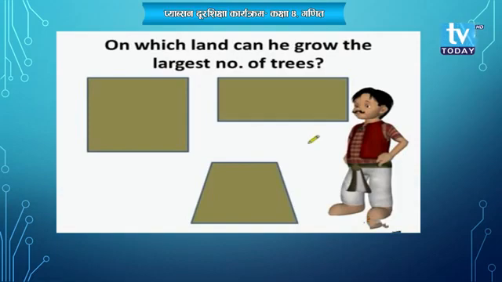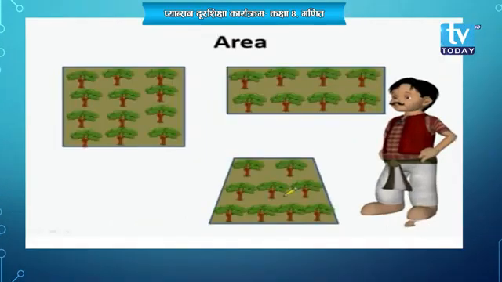Okay, see there, on which land can he grow the largest number of trees? He is thinking about that land, which land and where he can grow more trees. He is thinking, he is making a plan.